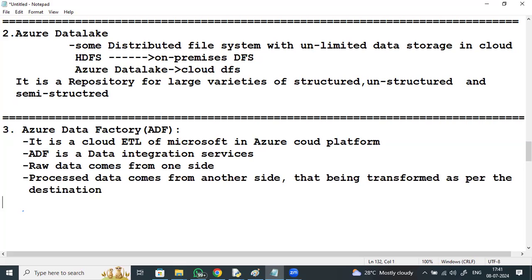ADF permits us to combine data from multiple sources, reformat it into analytical models, and save these models for querying, visualizing, and reporting. ADF creates workflows for data transformations. So from where will we be getting data? From sensors, IoT, logs.